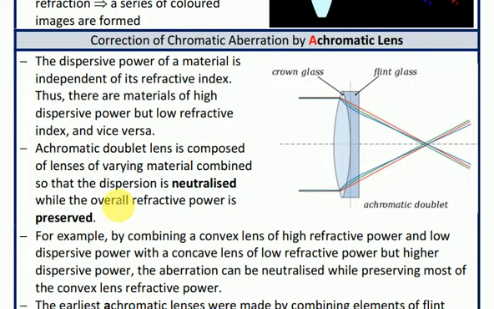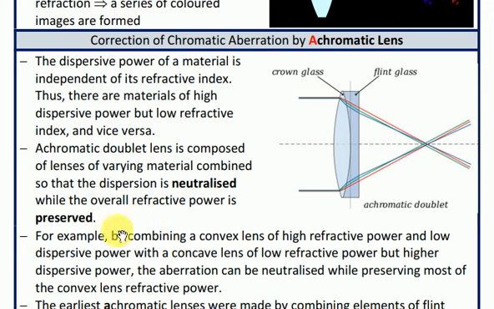Achromatic lens systems are composed of elements or lenses of varying material combined so that the dispersion is neutralized. In achromatic lenses, the dispersion is neutralized while the refractive power is preserved.